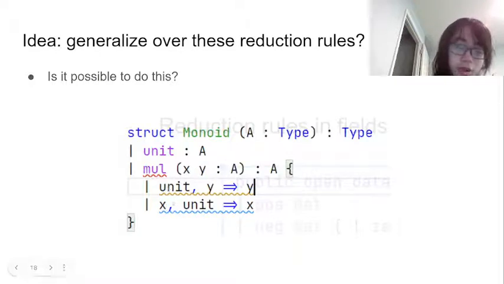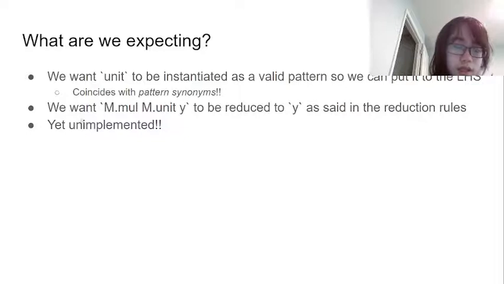Of course, we don't know whether the pattern synonyms are covering or not, so there's no way to put them in the function definition, but we can quantify a pattern synonym in the function definition. Anyway, what we want is: when you apply the multiplication operator of a structure called M and pass in the unit element of M, we want this expression to reduce to y.